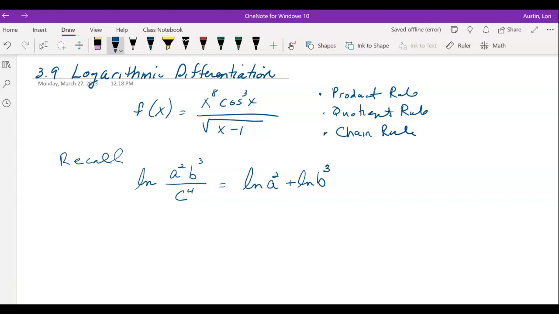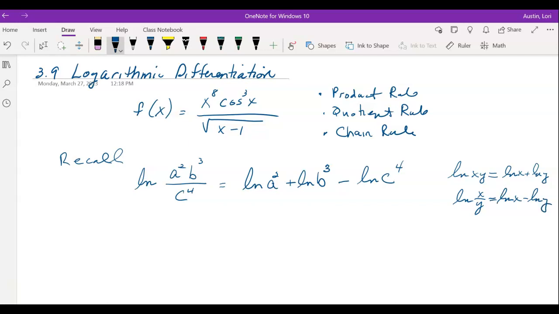But then if you're dividing by another variable, that would be minus ln of c to the fourth. So if you recall your basic log property, ln of xy is ln of x plus ln of y, and ln of x over y equals ln of x minus ln of y.